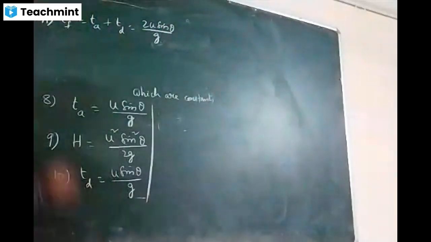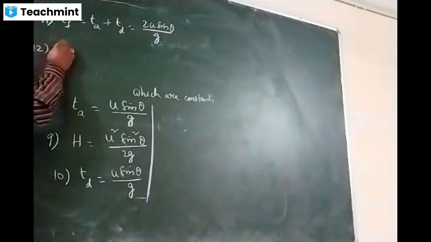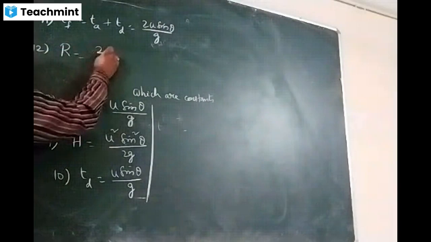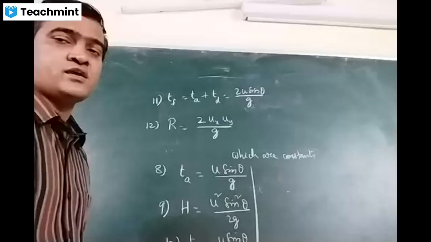Now next is range. Range is 2 into ux into uy by g, which is one format, because this was once asked as a direct question.